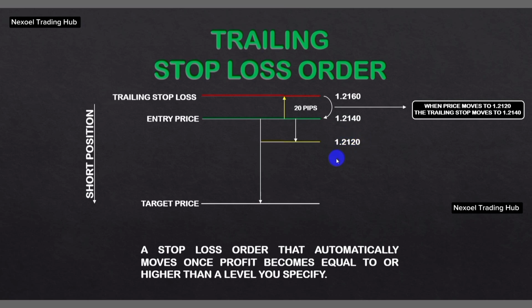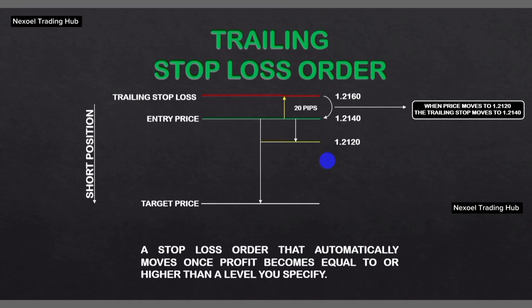So you see why it is called the trailing stop loss. It is movable. It is dynamic. It automatically moves based on the specified pips value, or let me say price value, you input when you execute that trade. So this is what you need to know about the trailing stop loss order.